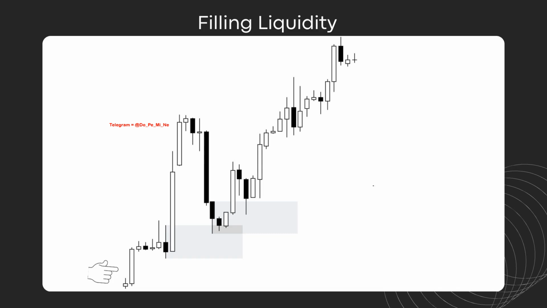Now when price closes above this candle right here, this candle is going to become an order block, and you can see that the price came down below and tested this order block and reacted off of it and exploded higher. But you can also see another order block of the same nature right here as well.